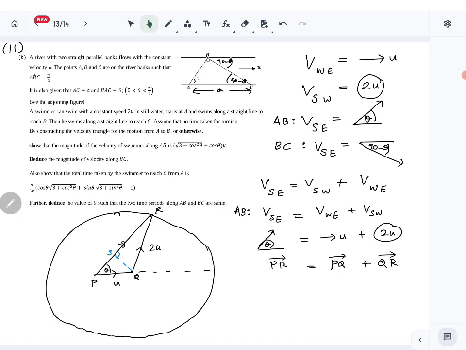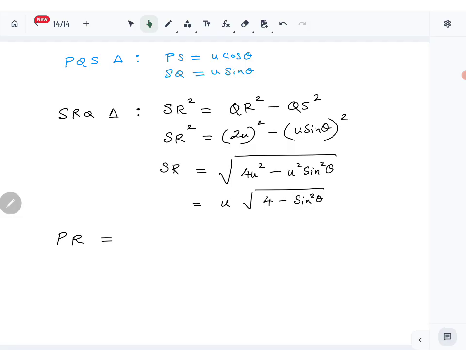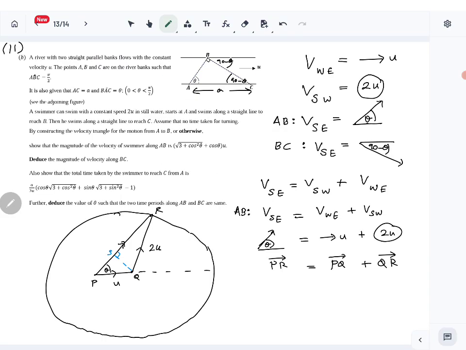PR is made up of PS plus SR. PS is u cos theta, and SR is u times this root. Right, so then we have it.